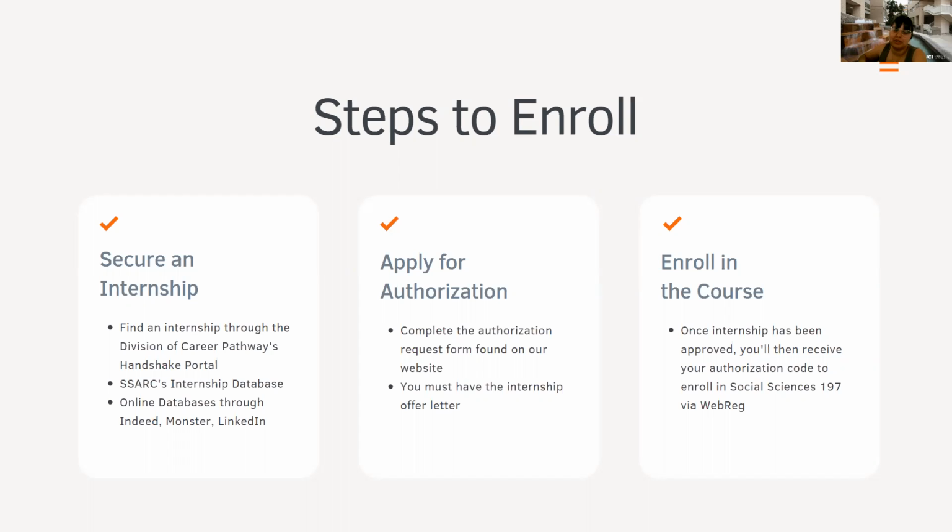But first, find your internship, make sure you feel confident about your resume and cover letter, and submit through Handshake for any of the internships you are interested in. You can certainly also find internships outside of Handshake. It would just require additional approval through us at SARC. We just want to make sure it's a legit internship and a legit company.